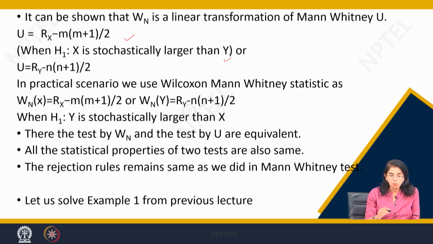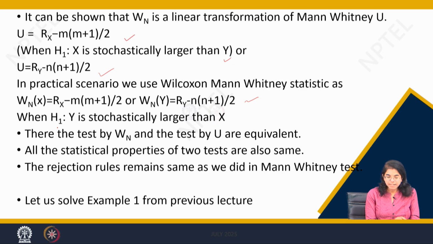And when Y is stochastically larger than X, then your test statistic will be Ry minus N into N plus 1 by 2. In practical scenarios, we will use the Wilcoxon-Mann-Whitney statistic as Wn X is Rx minus M into M plus 1 by 2, or Wn Y is Ry minus N into N plus 1 by 2.